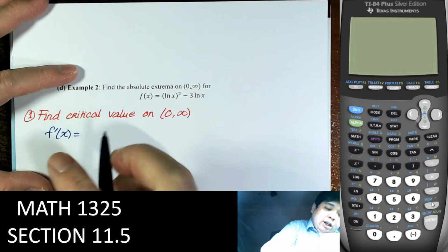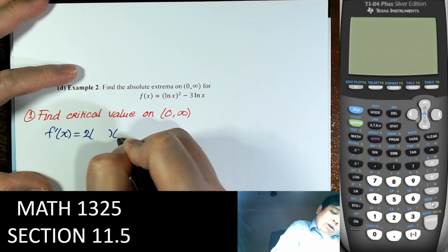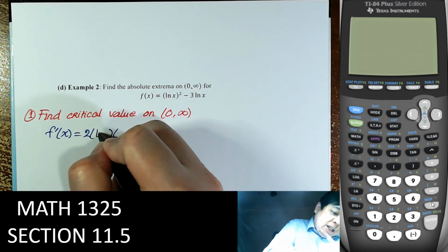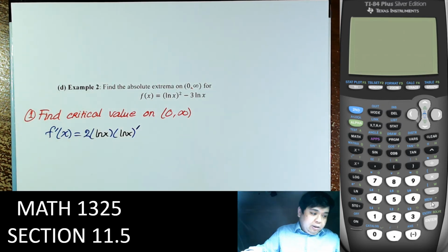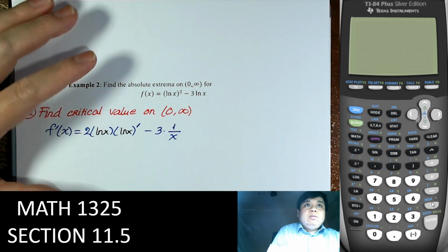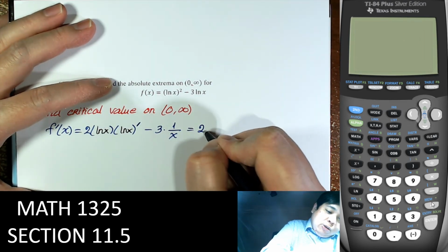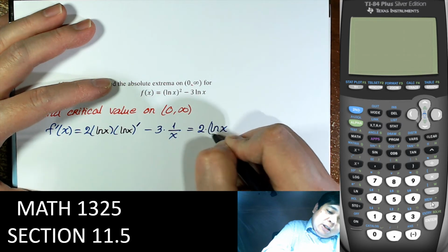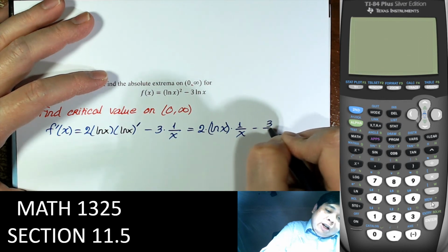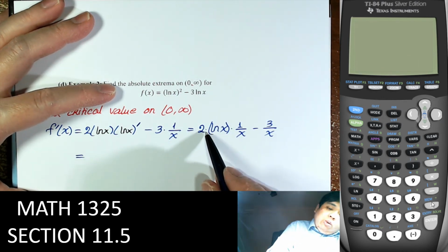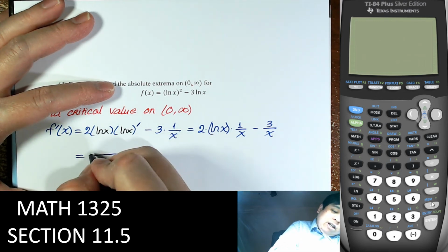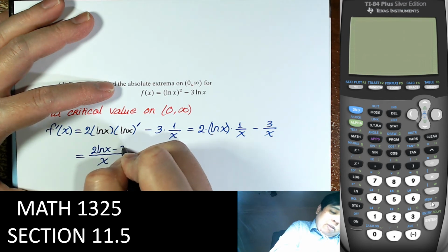Something squared is going to be 2 times that thing and the derivative of it. I just happen to have ln of x inside of it. And then the derivative of ln of x is 1 over x. So we have 2 times ln of x, the derivative of ln of x is 1 over x, minus 3 over x. So we have common denominator of x. The top I have 2 ln of x minus 3.